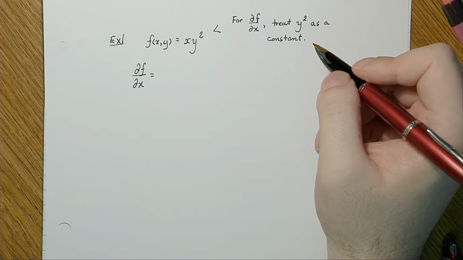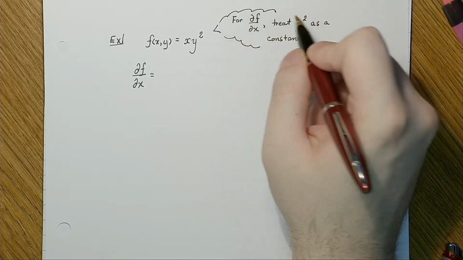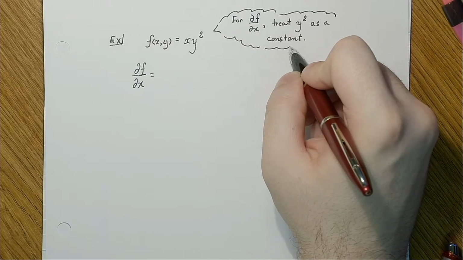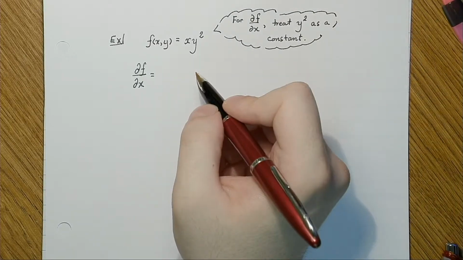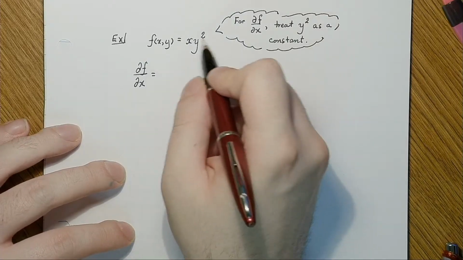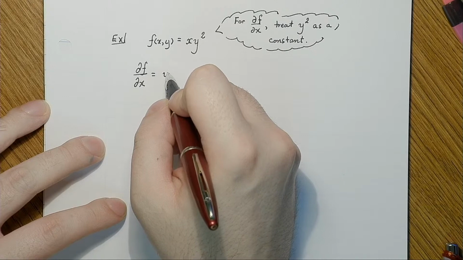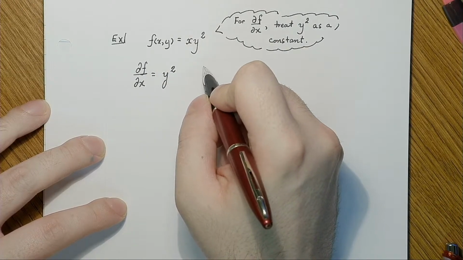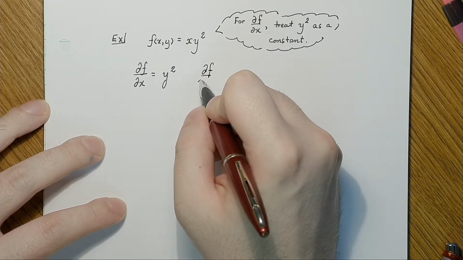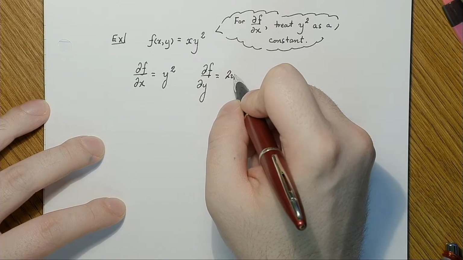The derivative of x is just 1, so that would just leave me with y squared. And taking the derivative of that with respect to y becomes 2yx.